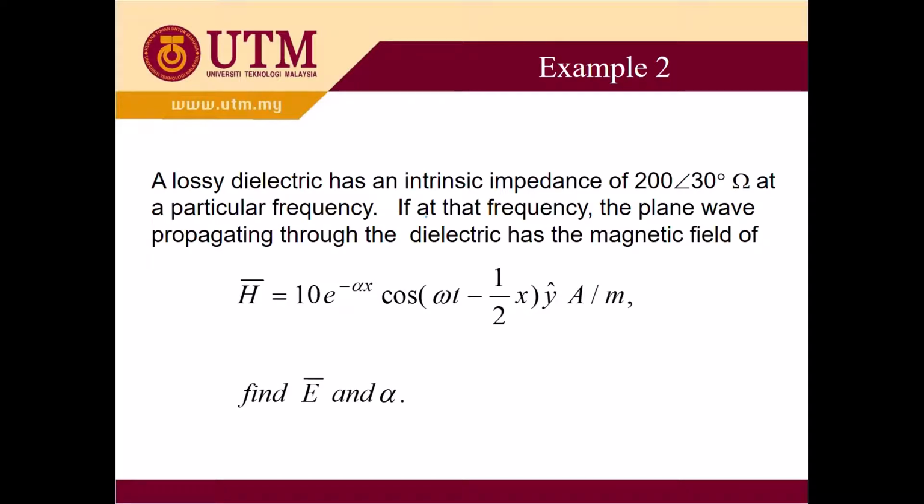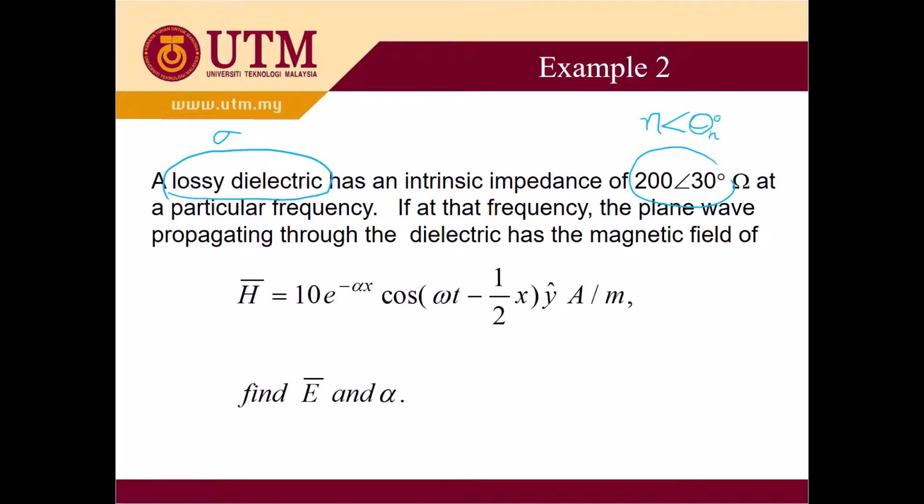If at that frequency the plane wave propagating through the dielectric has the magnetic field of H equals 10 exponent minus alpha x cos omega t minus 1 over 2 x in the direction of y ampere per meter, you have to find what is the E and alpha. So that is the information from here. This is a lossy dielectric. When we talk about lossy, it has a certain value of sigma, and the intrinsic impedance here has the magnitude and the phase.